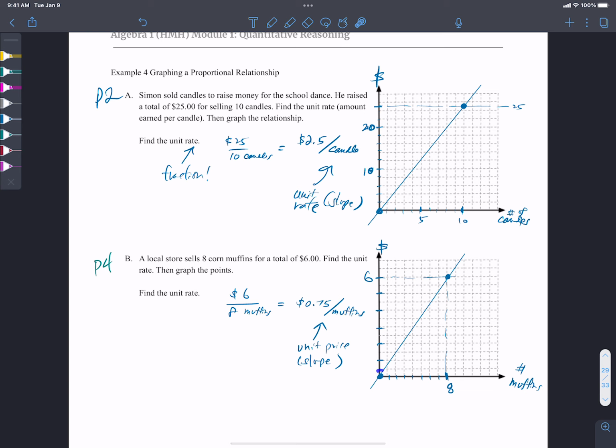So instead of going 1, 2, 3, 4, 5, 6, which gives you points that are really close, like here, I'm expanding it out. I'm trying to push out the 6 as high as I can so I can take advantage of all the real estate that I have. Okay? So the only thing that I ask you to do is try to fill out the graph as much as you can.